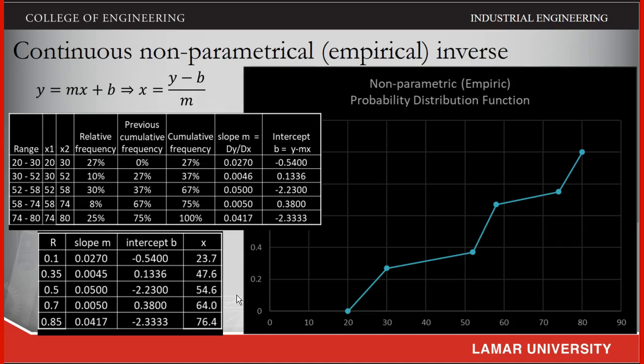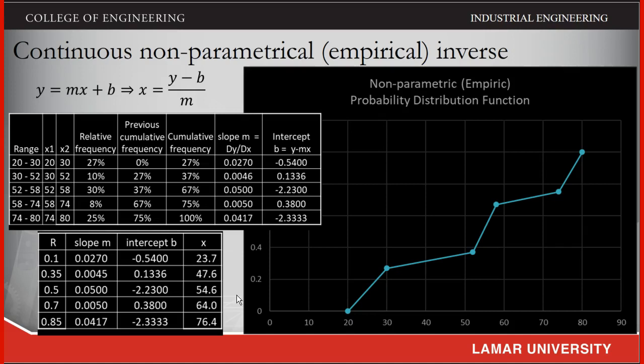If for the range between 30 and 52, the relative frequency is 10, then for that particular range, we should add 10%, and therefore random numbers falling between 0.27 and 0.37 would generate values in that particular range.